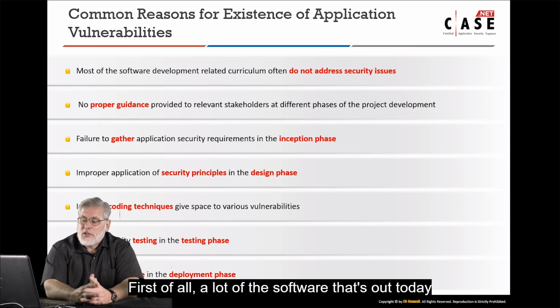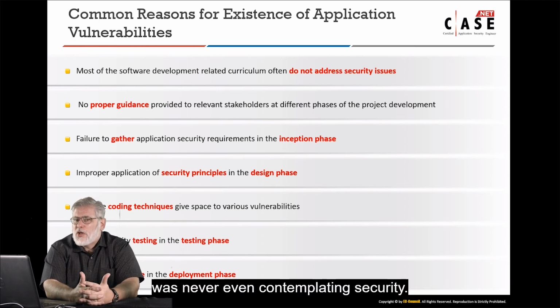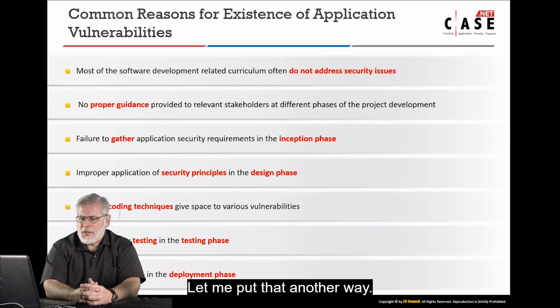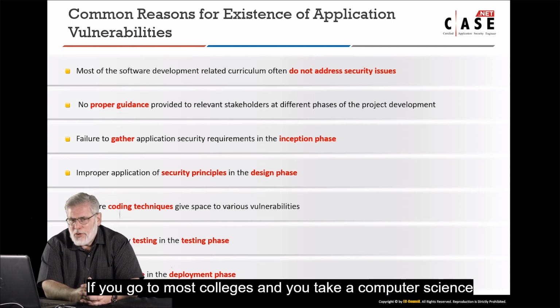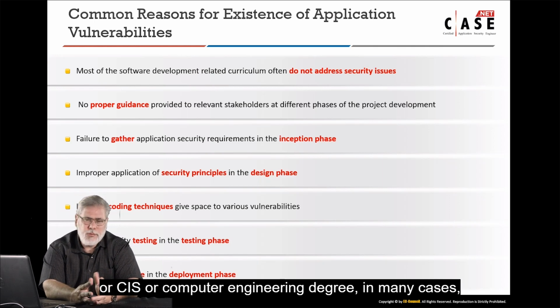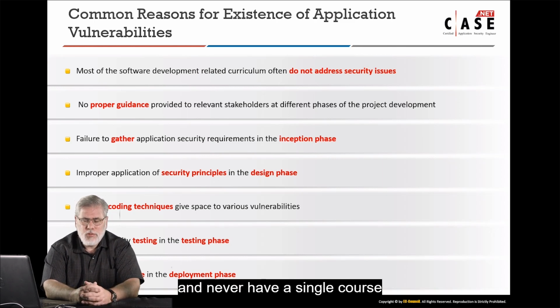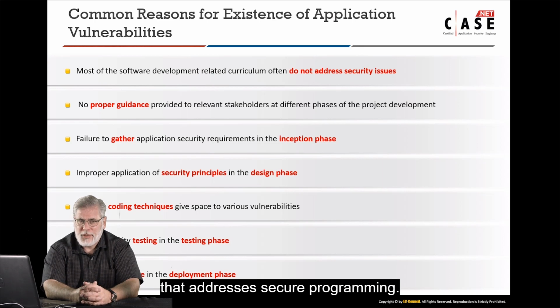First of all, a lot of the software that's out today was never even contemplating security. Let me put that another way. If you go to most colleges and you take a computer science or CIS or computer engineering degree, in many cases it's possible to go through the entire degree and never have a single course that addresses secure programming.